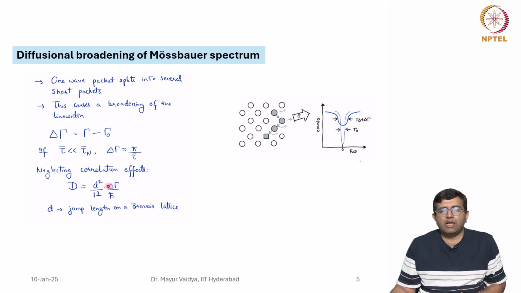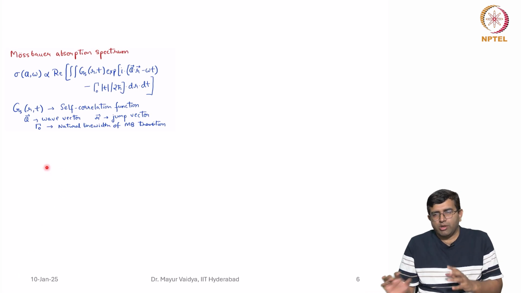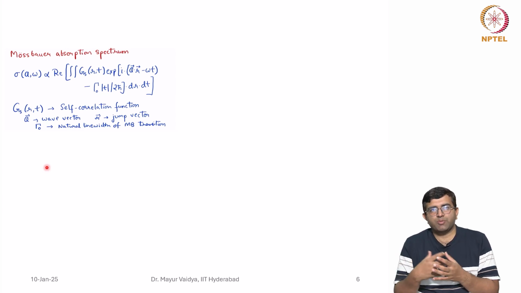So if we can measure this broadening, we can calculate the diffusion coefficient. People try to do more quantitative and more rigorous analysis to quantify the spectrum.